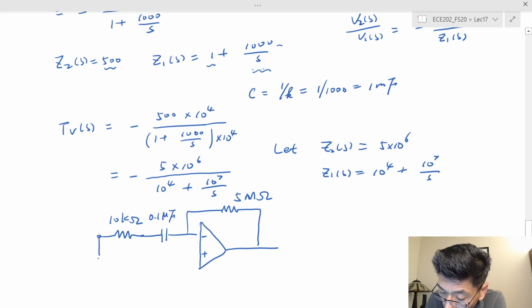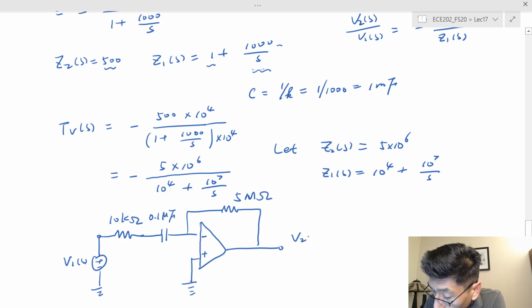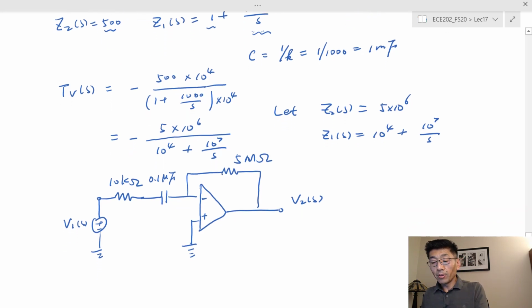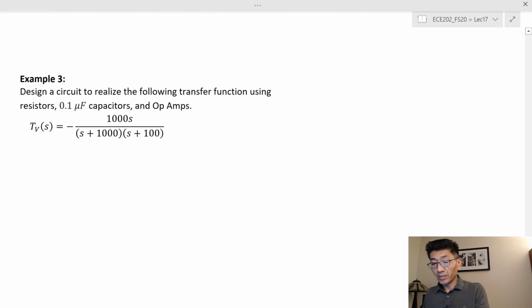So here this will have V1 and this is V2. And sometimes we just label V2 as node voltage. And so this is the realized circuit. So this simple example shows how we come up with the so-called network design.